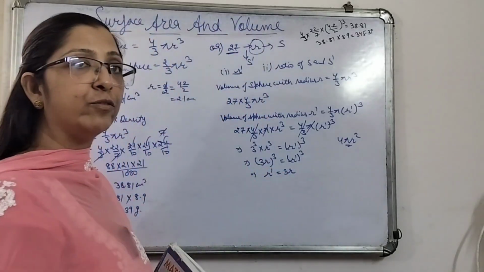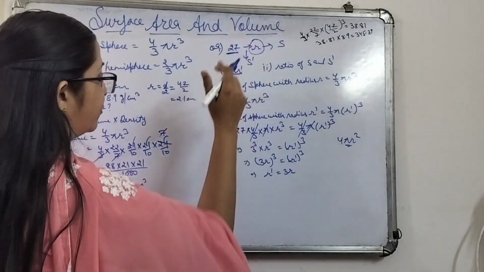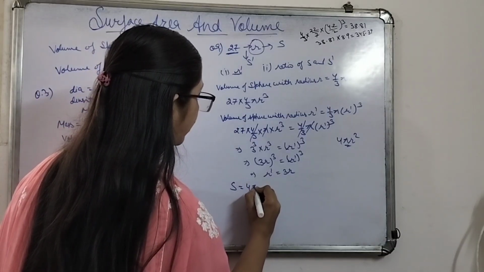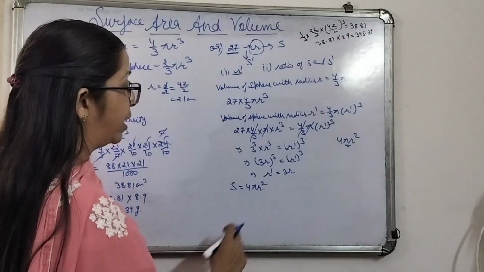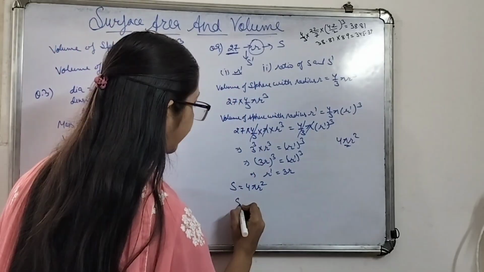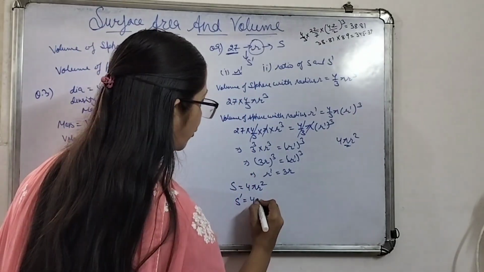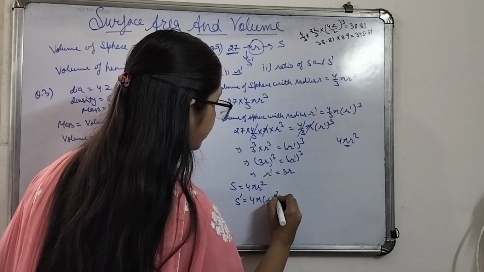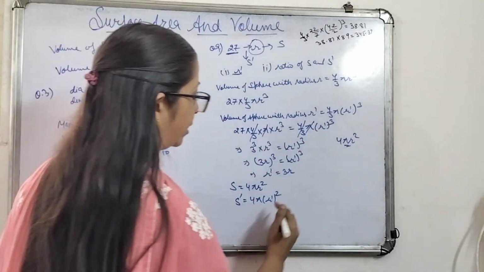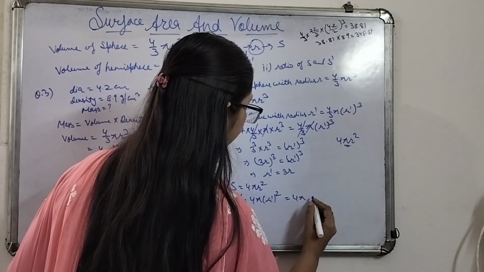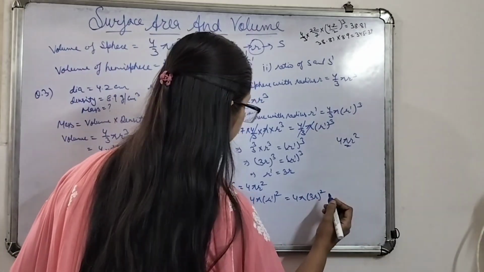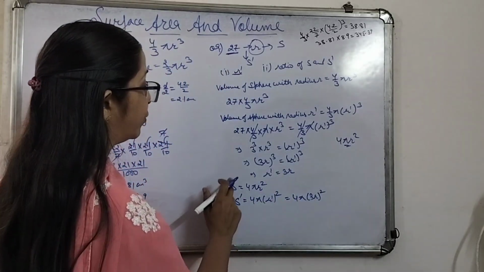So the surface area of the sphere with radius r, s, will be 4 pi r square, and the surface area of the sphere with radius r dash, that is s dash, will be 4 pi r dash square. And we know that r dash is 3 times r, so it could be written as 4 pi 3r square, or we can just let it be like this only. We have to find the ratio.